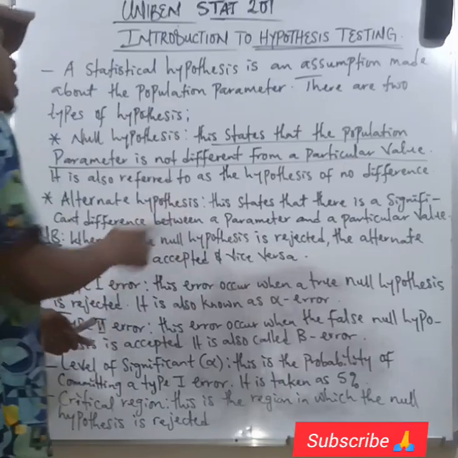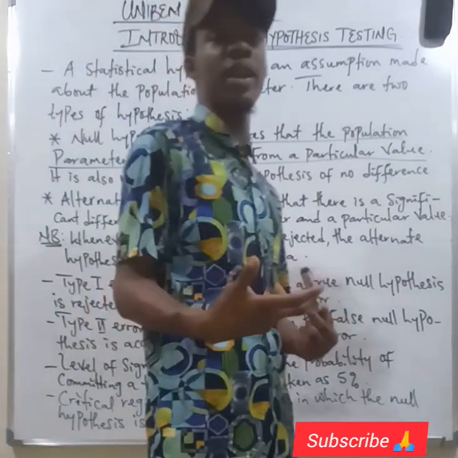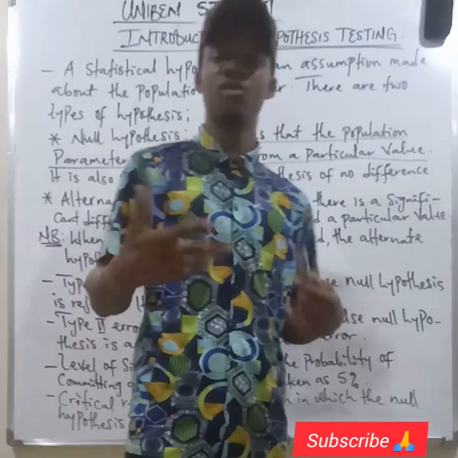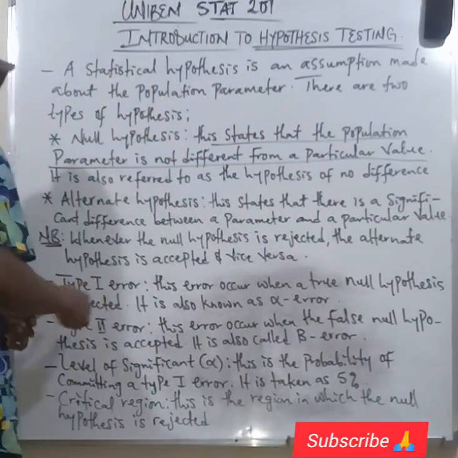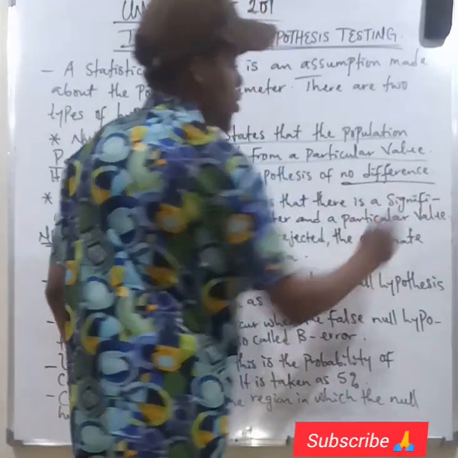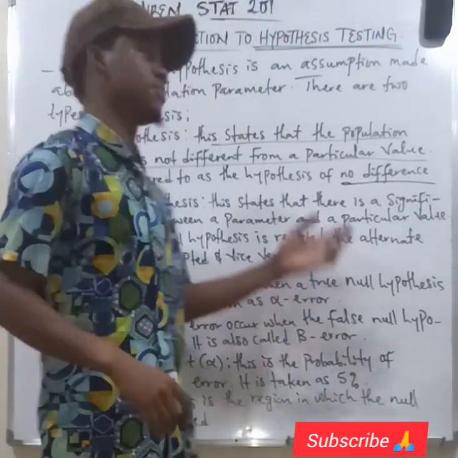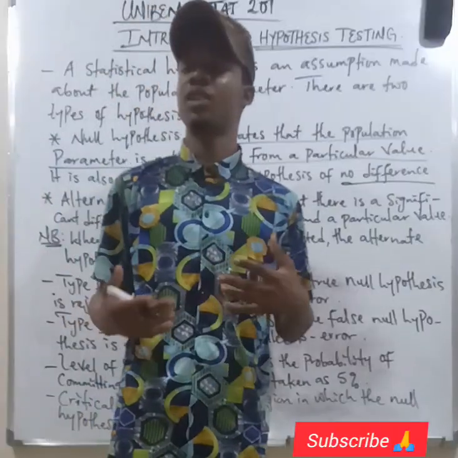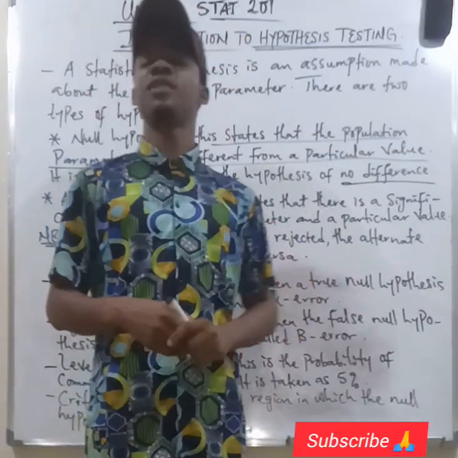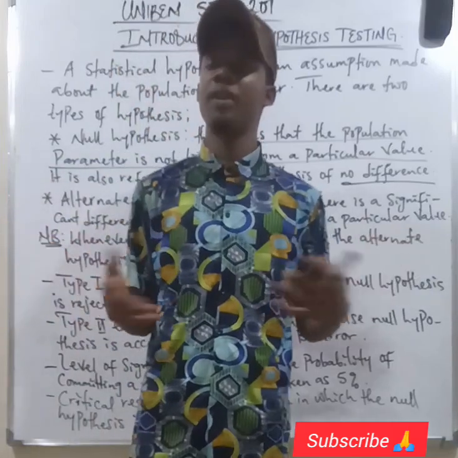I'm trying to say that the population parameter is not different from the particular value I gave. The null hypothesis is also referred to as the hypothesis of no difference. So if the illustration I gave was proven to be true, then you now say yes, it is correct that not less than 25% of girls in Uniben are obese.